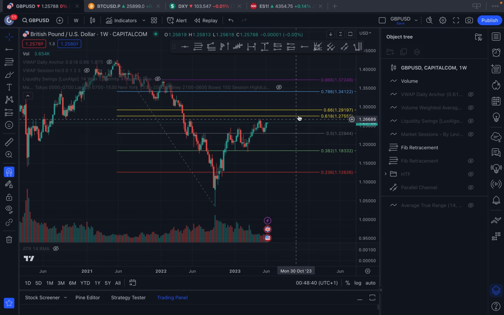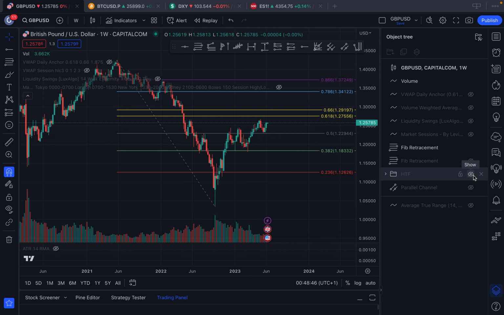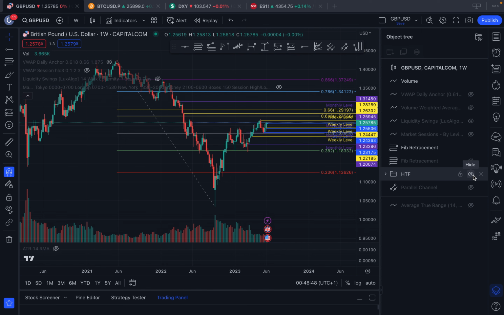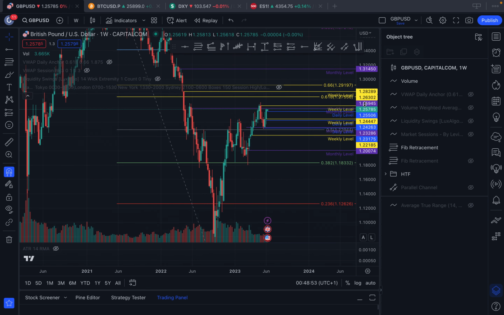And how much you want to bet that is going to be close to our weekly? Oh yes, look at that. That weekly is bang in the middle. Okay, look at that. That weekly 1.26302 is just right above, or just below actually, the 0.618.